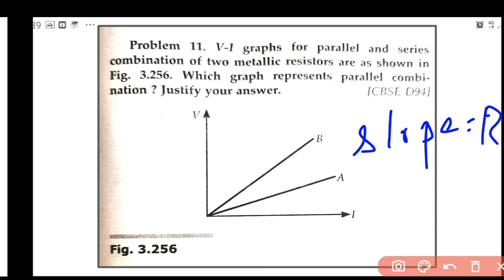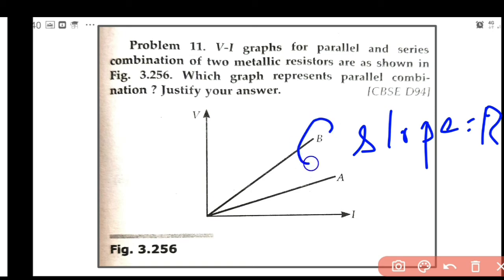Justify your answer. If two resistors are connected in series, you know, effective resistance increases, the resistance will be more. And when the same resistors are connected in parallel, effective resistance will be decreasing. That means it will be less than the lowest value. Okay, so in the graph, which graph shows more resistance?